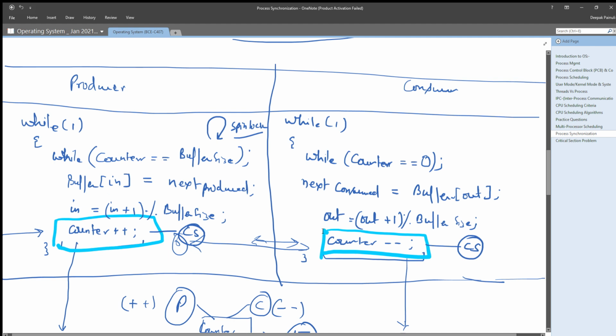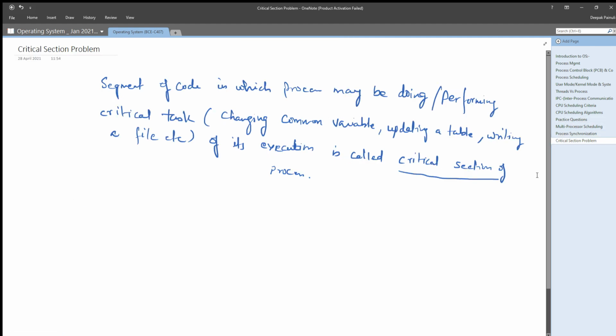Producer is incrementing it and consumer is decrementing it. So we can say that line number 6 is the critical section of these processes. So a segment of code in which a process may perform a critical task of its execution is called the critical section of that particular process. Understood, guys?